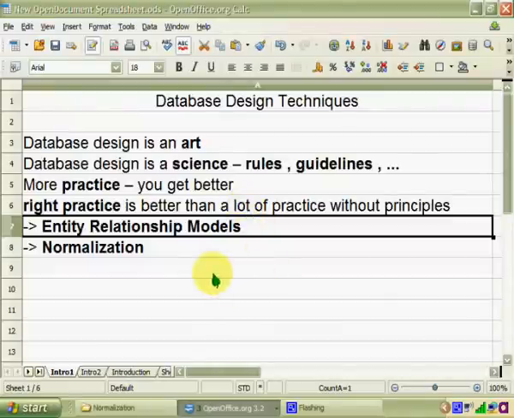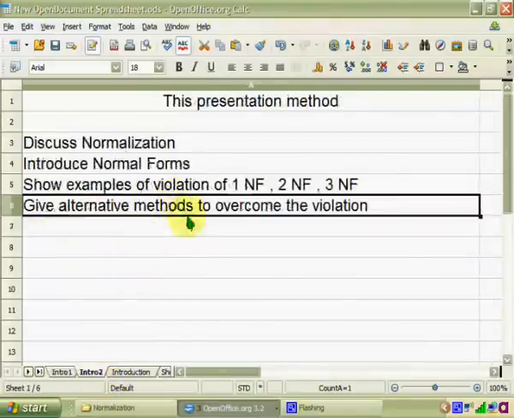Two very important concepts in database design are entity relationship models and normalization. Then we discussed normalization. We introduced the normal forms. We saw examples of violations of the first, second, and third normal forms, and we gave alternative methods to overcome the violations.